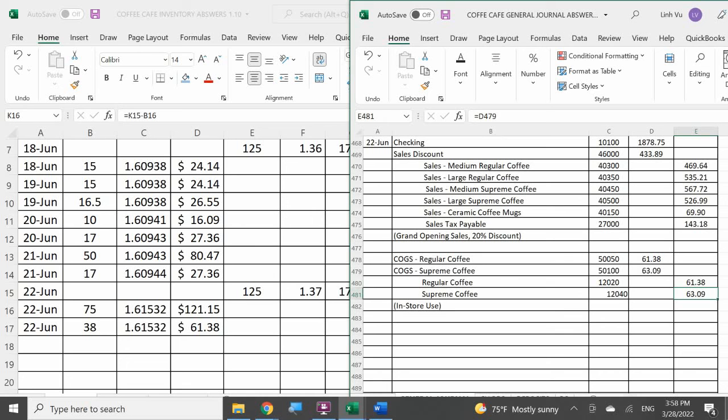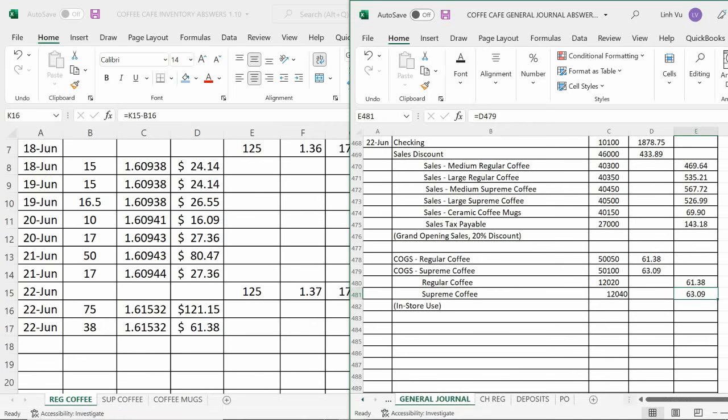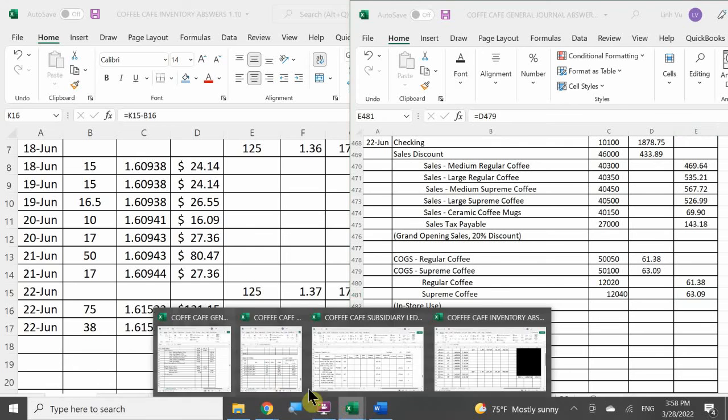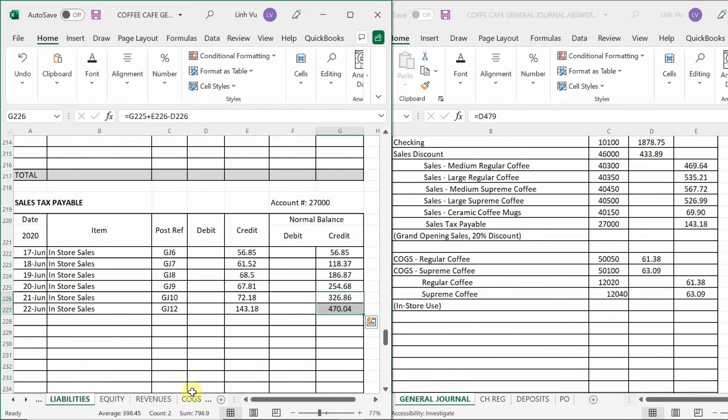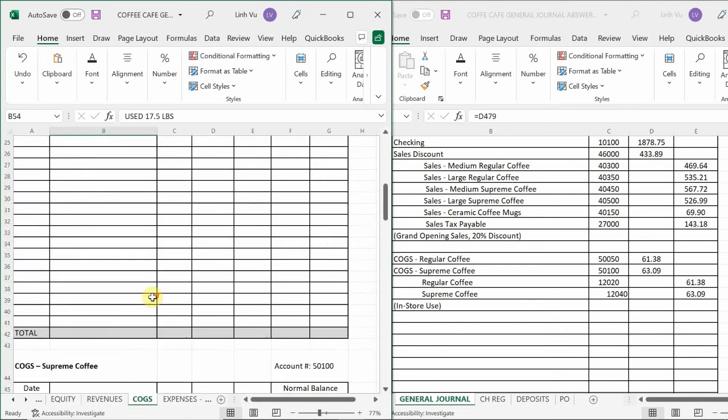Okay. All we have left to do now is just update my ledgers. Okay, so in this case, starting with the cost of goods sold.